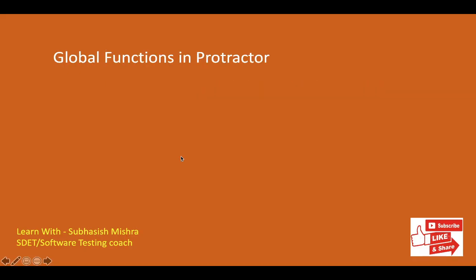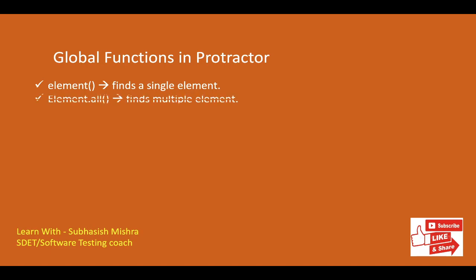Protractor exports two global functions. One is element and the other one is element.all. The element function finds a single element, whereas element.all finds multiple elements. So how do we find an element?